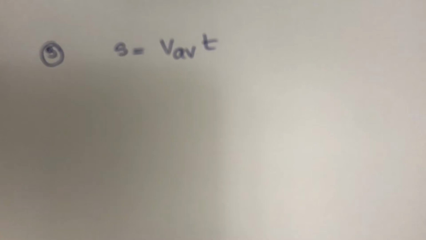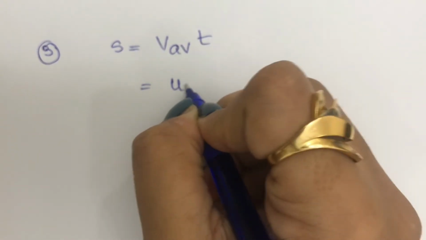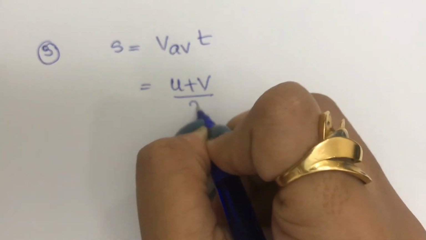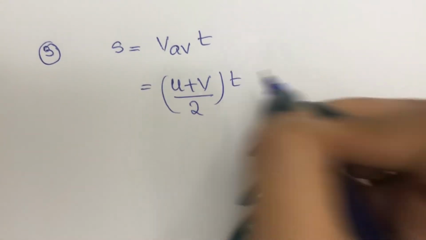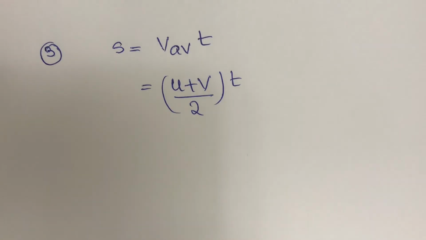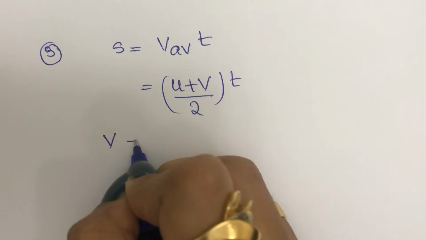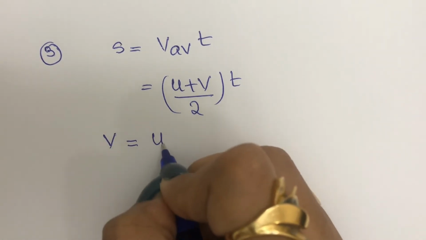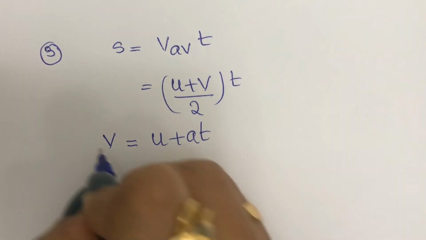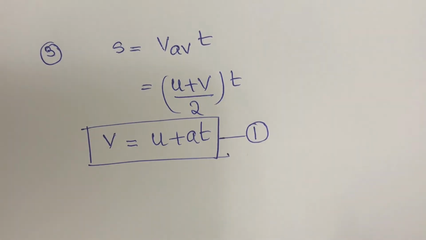Here the average velocity is (u plus v) by 2, so s = ((u plus v) by 2) into t. From the first equation of motion, we know the final velocity v is equal to u plus at.